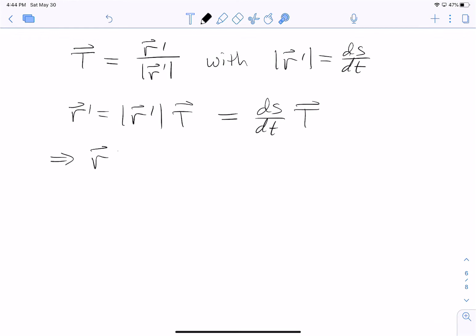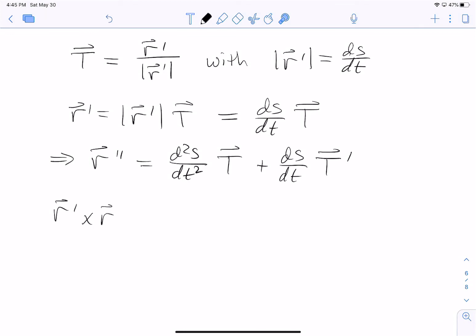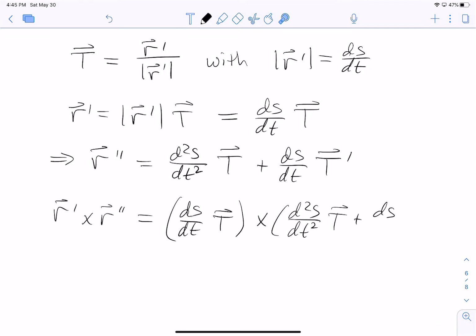Then r double prime, the derivative of r prime, is going to use the product rule. We have d²s/dt² times the unit tangent vector T plus ds/dt times T prime. Crossing r prime with r double prime will then give us ds/dt times T, crossed with d²s/dt² times T plus ds/dt times T prime.